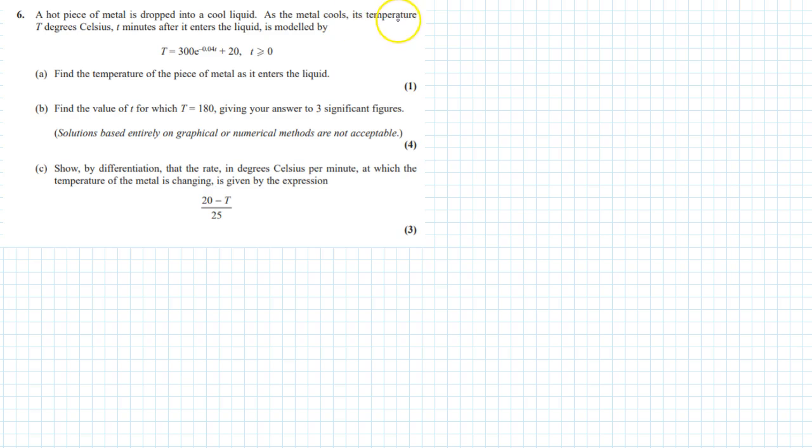As the metal cools, its temperature T degrees Celsius, so T is temperature, T minutes after it enters the liquid, T is time, is modeled by T equal to 300 e to the power negative 0.04 T, plus 20.